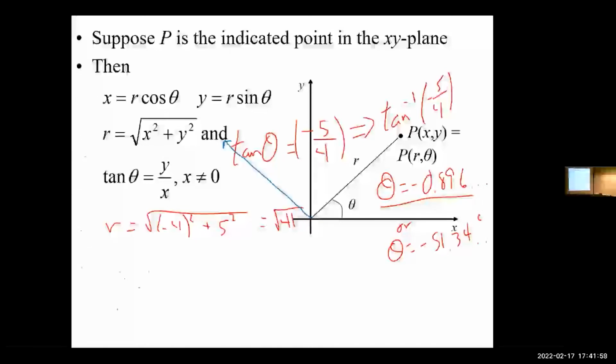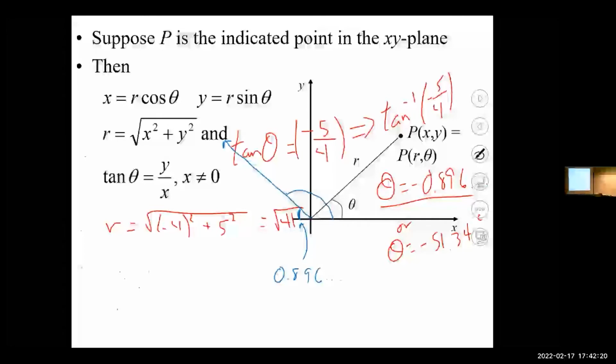So the reference angle is the angle between our line and the horizontal. What I know about that angle right there is that it is 0.896 plus some decimal places radians. That's still not our angle, because we want this angle.